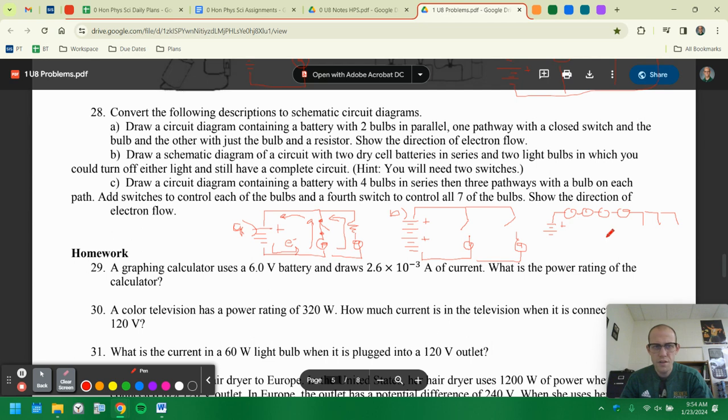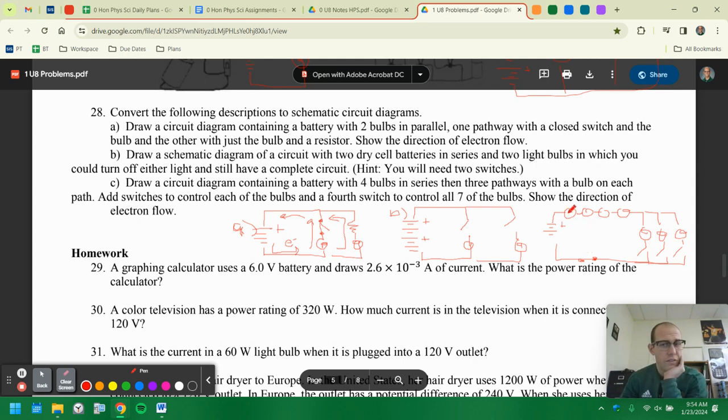And then a bulb on each, bulb, bulb, bulb. Add switches to control each of the bulbs, and a 4th switch to control all 7. So I would need a switch right here for this one, and here, and here. And bring all those back home. And I need another switch to control all 7, which I could put anywhere here or down here. I'm going to put it right here. Right now it's in the on position, but there's my switch.